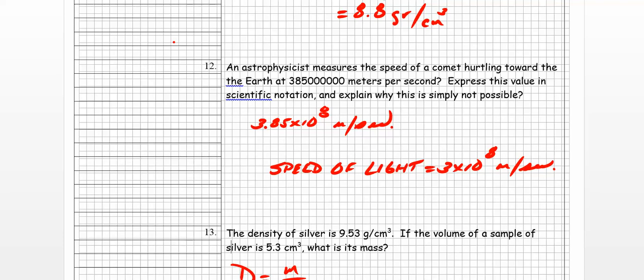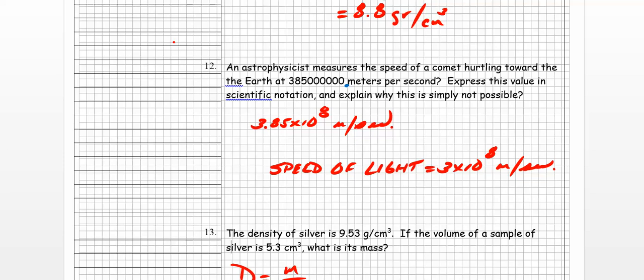All right, so to do this, I'm going to express it in scientific notation. And that's the exact reason why we use scientific notation. When we have numbers that are very, very big and have a lot of zeros at the end, or very, very small and have a lot of zeros at the beginning, we use scientific notation to lessen the task of writing that number if we have to do it over and over again. So remember that the decimal place would be right here if there were one. There's not, but if there were, it would be right there.